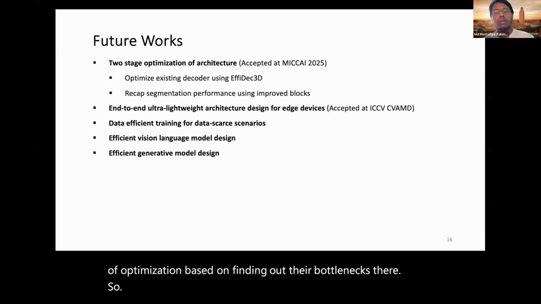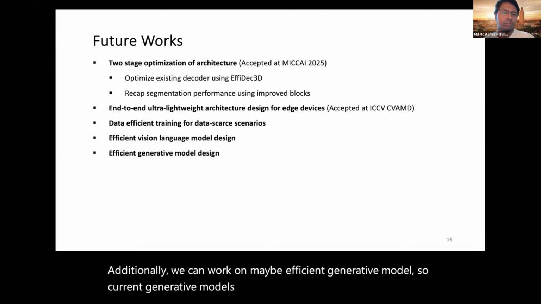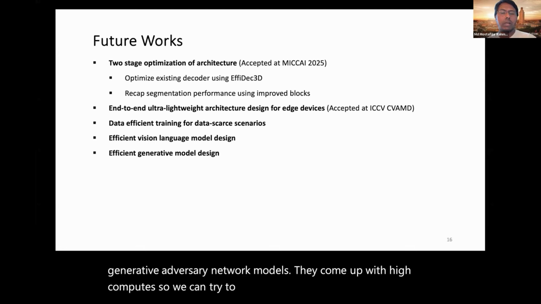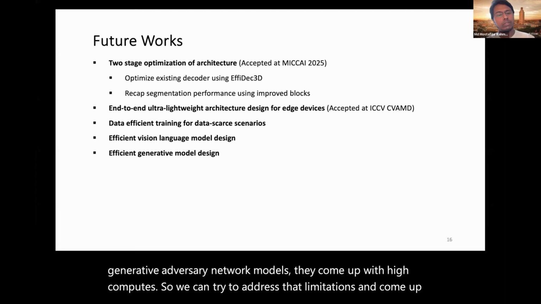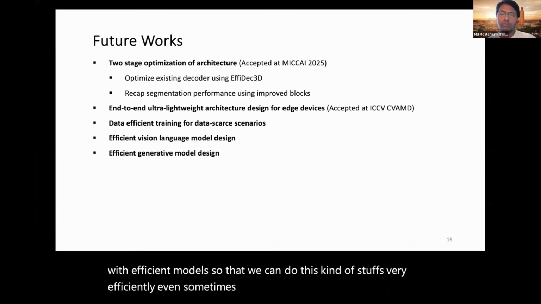Additionally, we can work on efficient generative models. Current generative models like diffusion models, or sometimes generative adversarial network models, come with high compute. We can try to address those limitations and come up with efficient models so that we can do those kinds of things very efficiently, even sometimes on edge devices if needed.